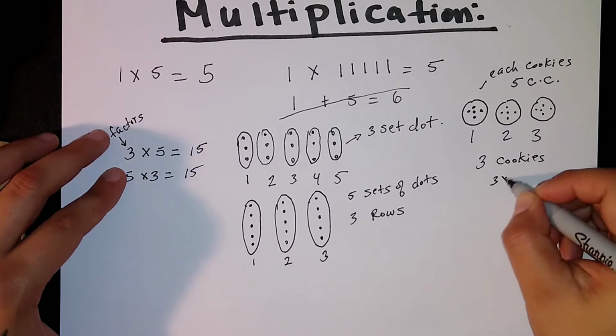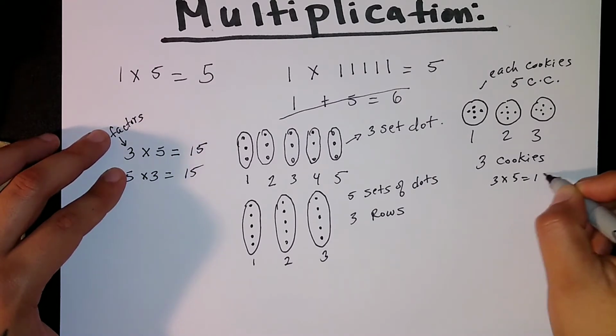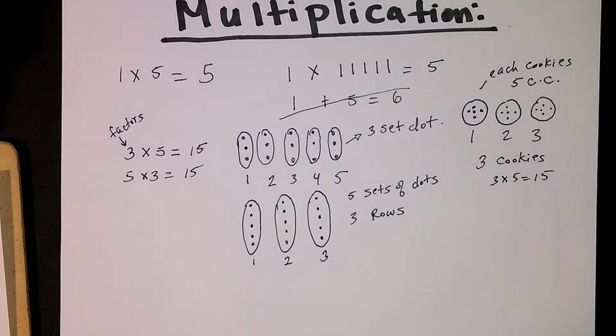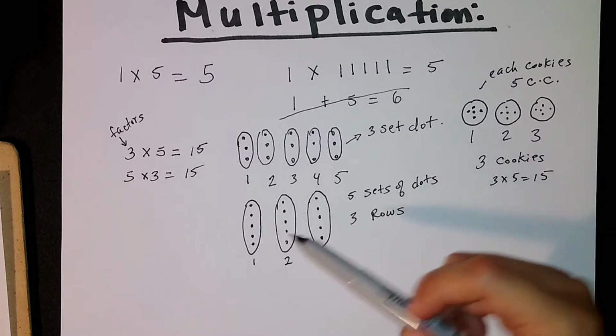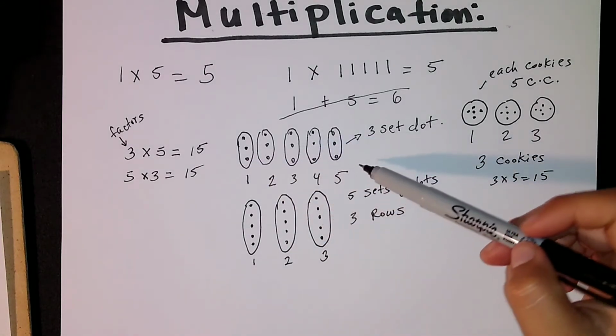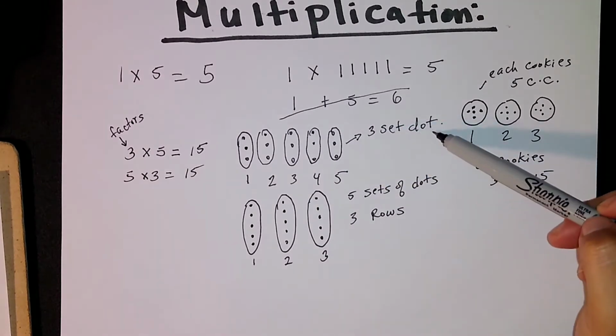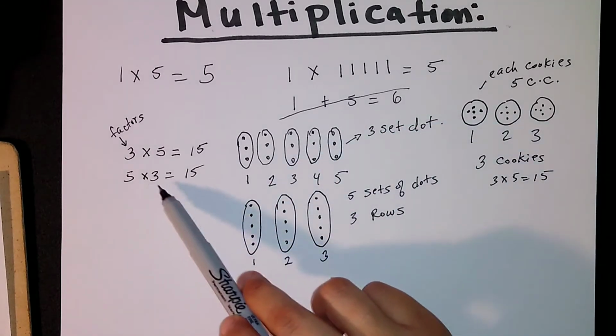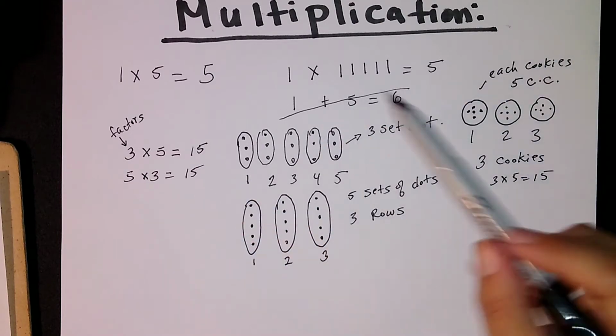So 3 times 5 is 15. That's another example of how to show 3 times 5 is 15. And here we have 5 rows with 3 sets of dots. 5 times 3 is 15.